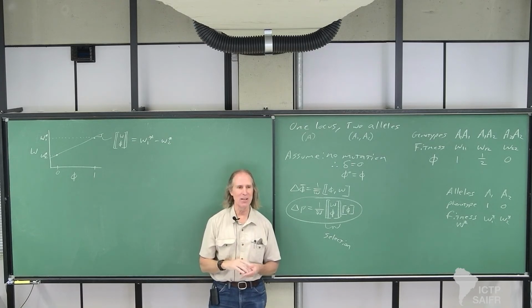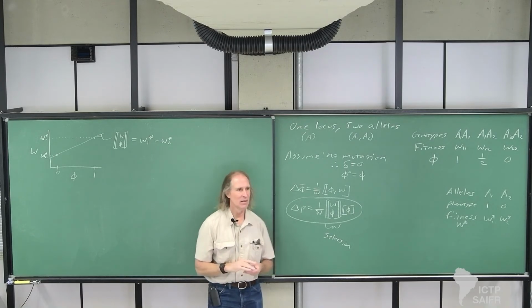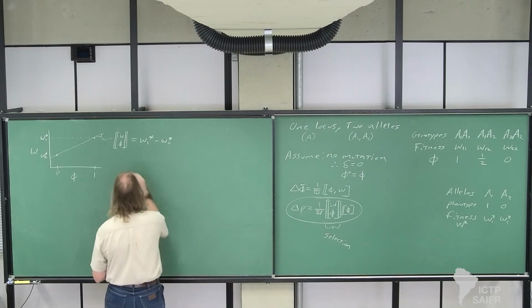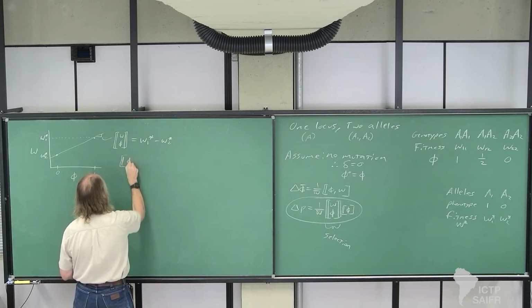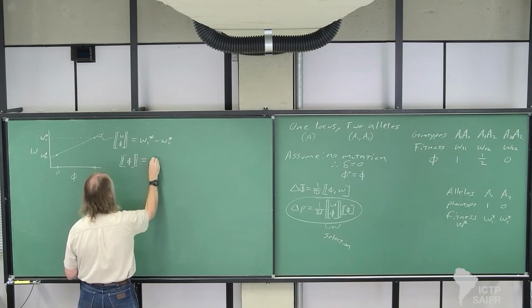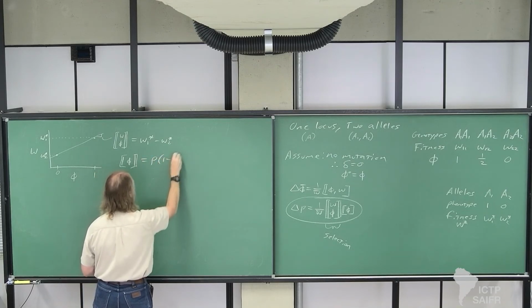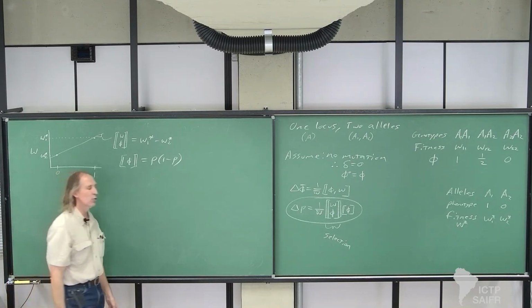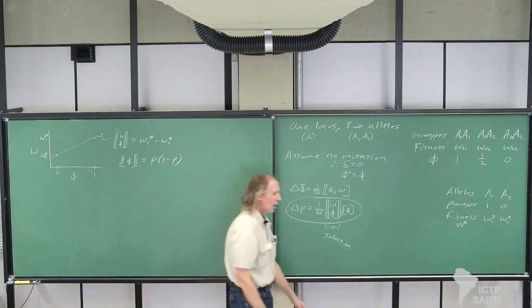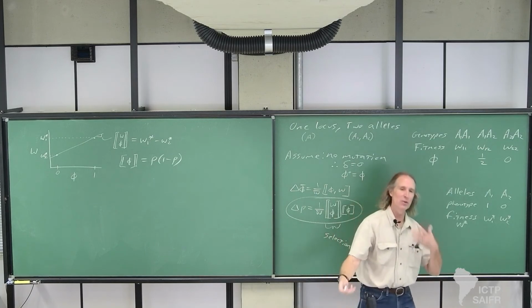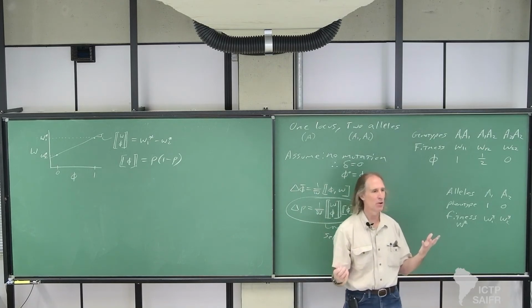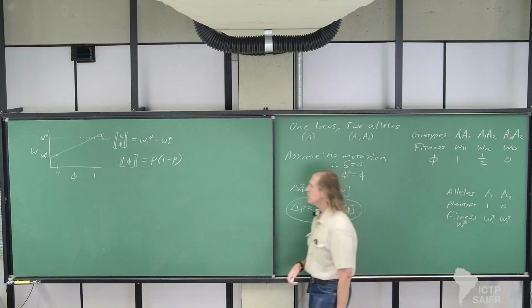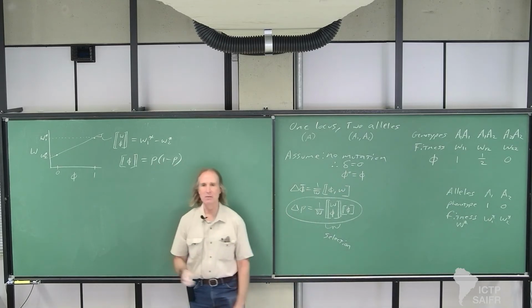Remember the variance of that? I'm hearing P times 1 minus P. That's the variance for a single draw from a binomial distribution, and some people like to call that a Bernoulli distribution. So the variance is P times 1 minus P.